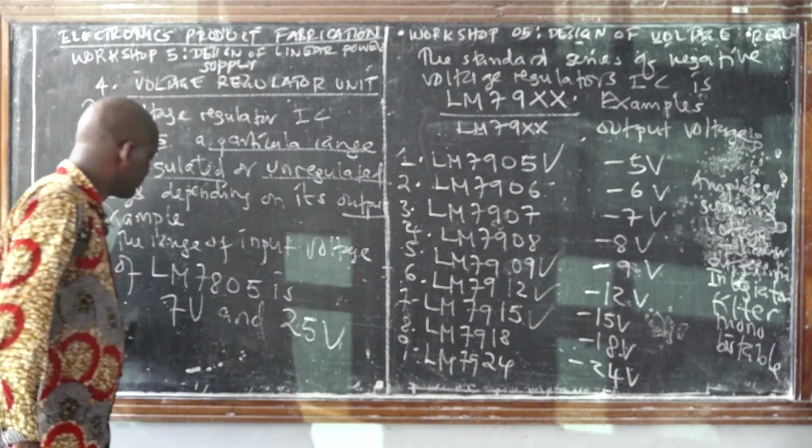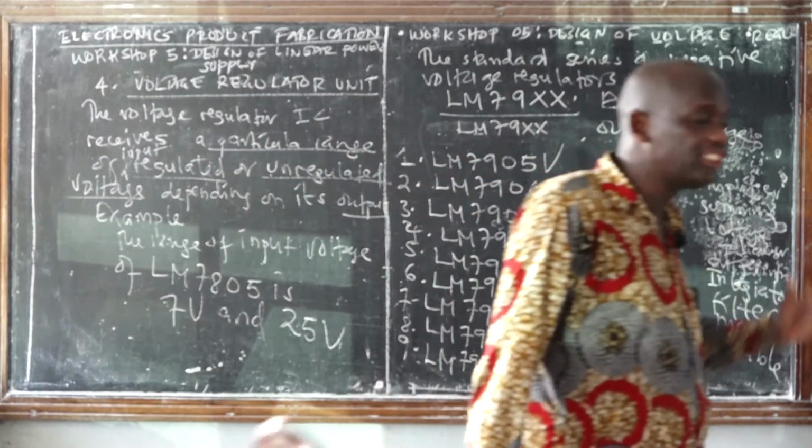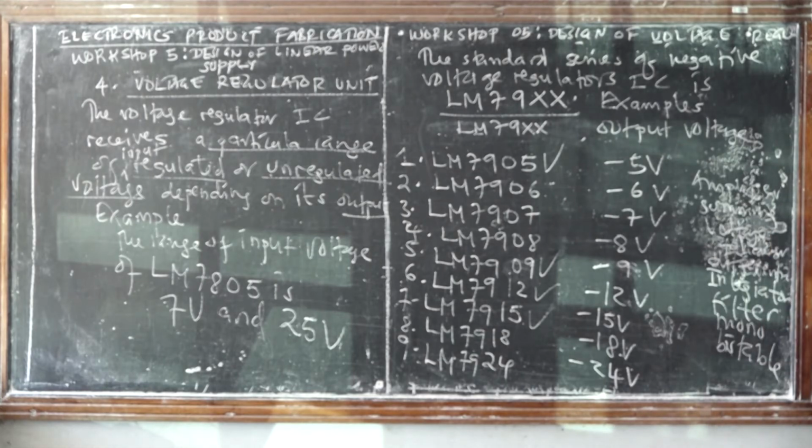So we say that in order for the LM 7805 IC to regulate, the condition is that the input voltage should be 7 volts or greater, but less than 25 volts. If you provide less than 7 volts, that voltage regulator will have nothing to do with the supply voltage. If you provide it with 26 volts, you are going to burn your voltage regulator.